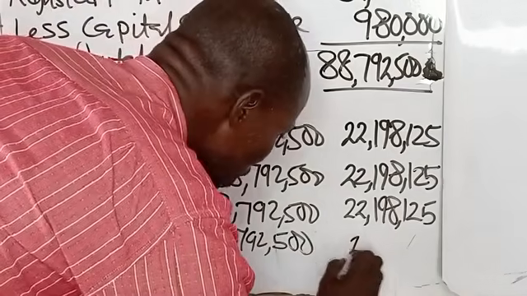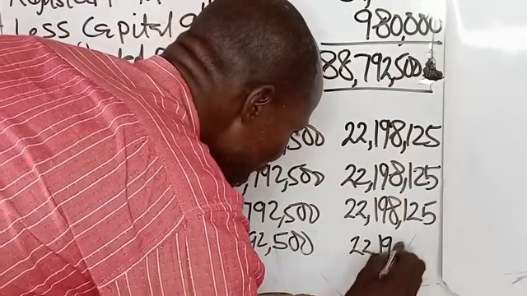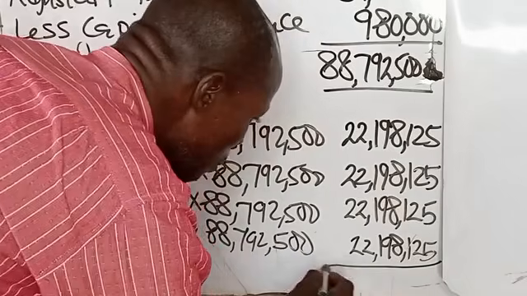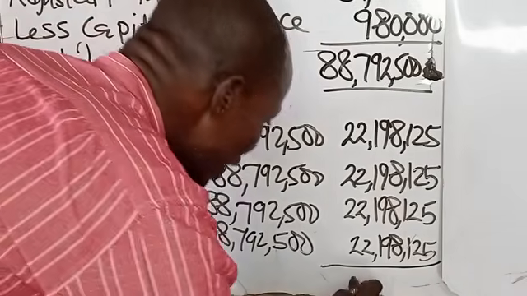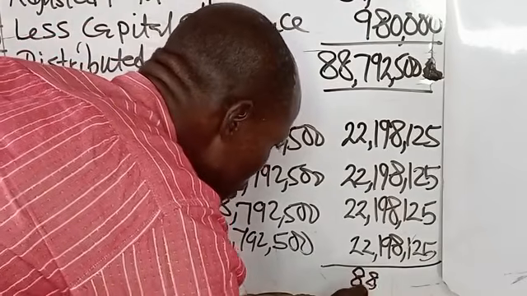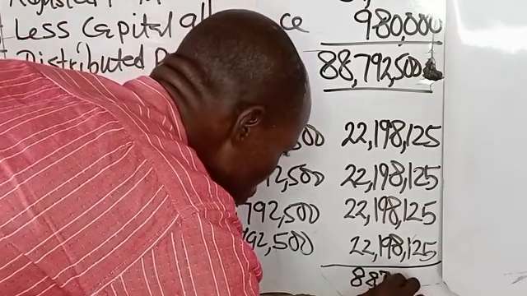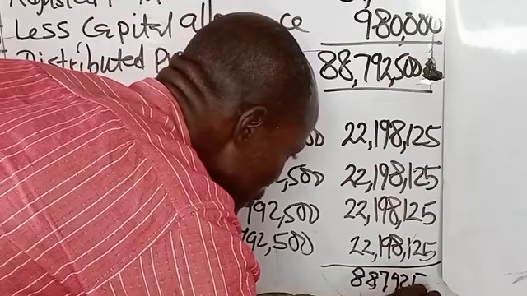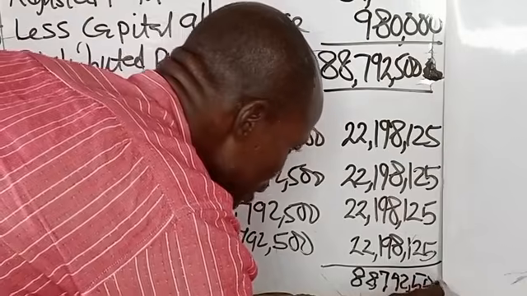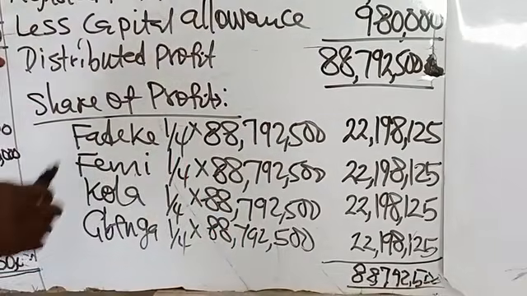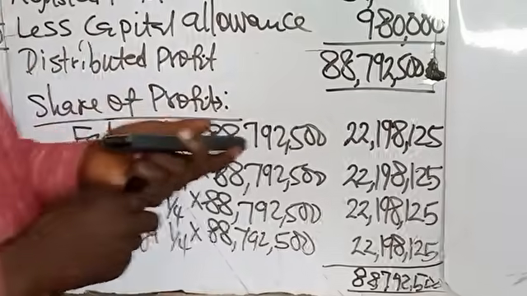That is 22,198,125. If you sum up the profits, you'll be having 88,792,500. So that is all about the solution to the part A.